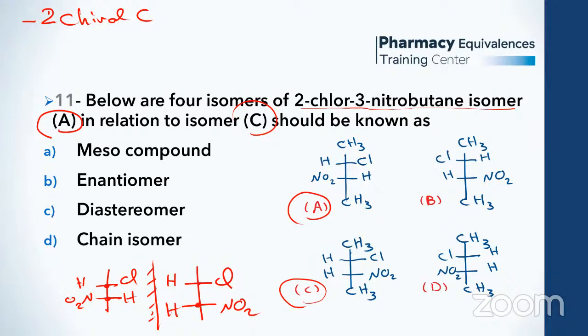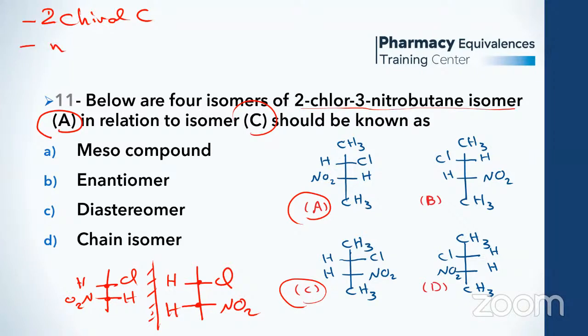Do you have a question? Please, if you have a question, ask about it. Okay, so we have 2 chiral centers. Another character. What about the image? Are they mirror images of each other or not?